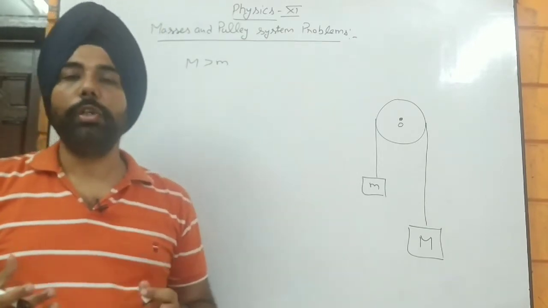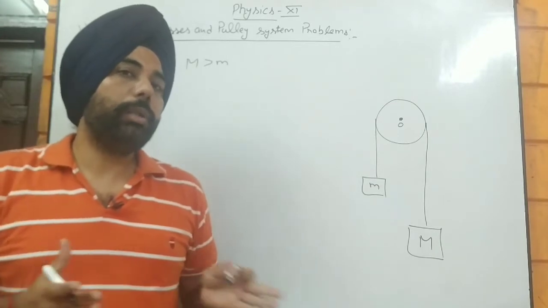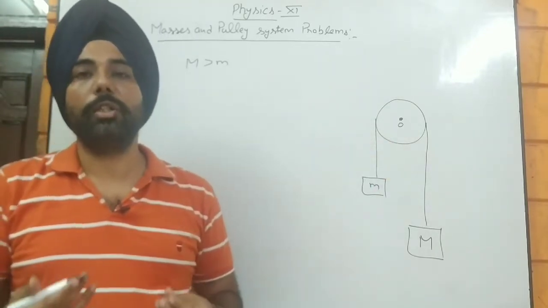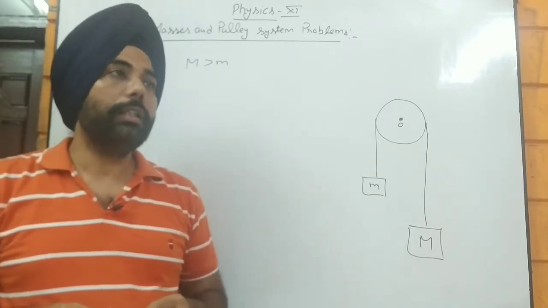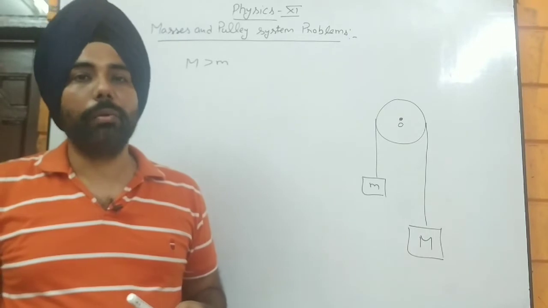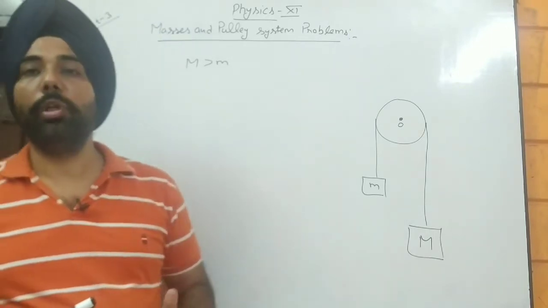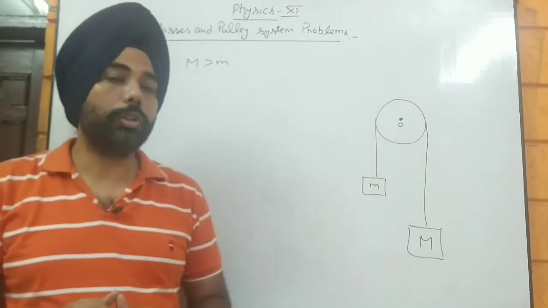Now, how can we make a free body diagram out of that? If you are able to make a free body diagram of any mass pulley system, which means the directions of tension, acceleration and weight, then you can easily solve that topic, okay? What we are going to do here is make a formula for acceleration, and also a formula for tension in the string.